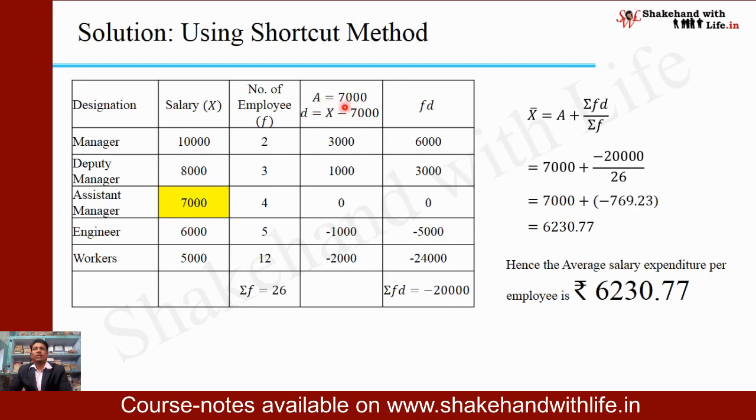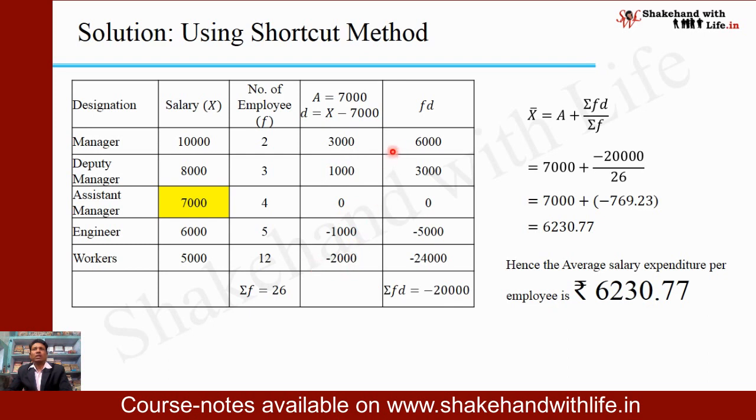Then find D. D is equal to X minus A. A is 7,000. Now find D for each X. For this 10,000, D is 10,000 minus 7,000, which is 3,000. Then 8,000 minus 7,000 is 1,000, then 0, then minus 1,000, minus 1,000, minus 2,000.